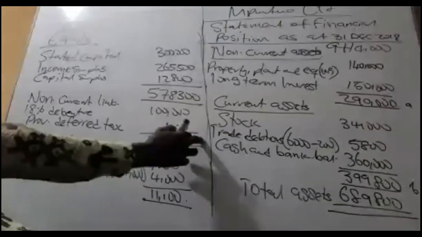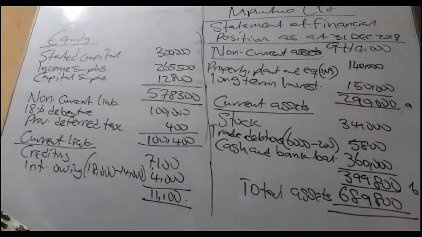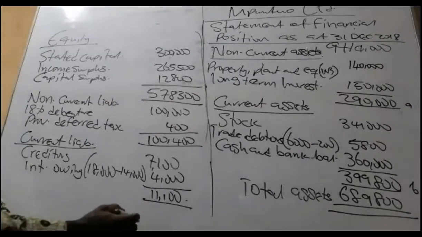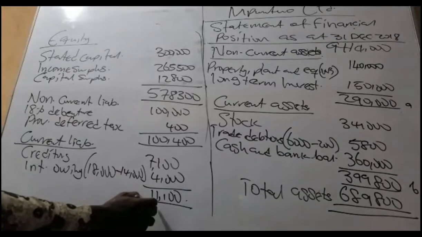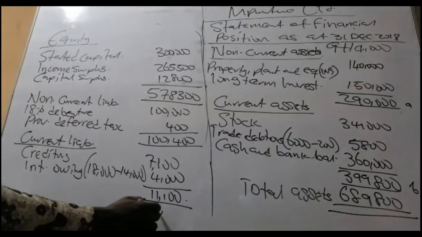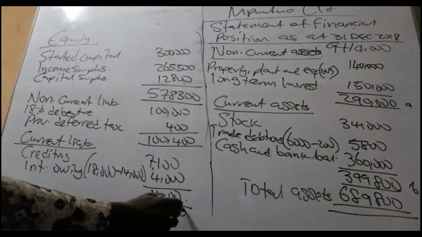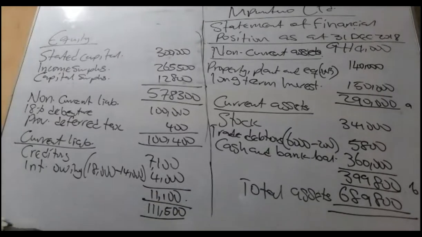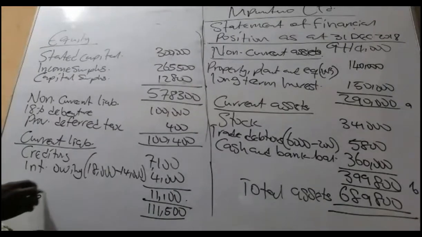So adding these two together, total liability will be 100,000, 400 plus 11,100. So that will give us 111,500. So that's the total liability.